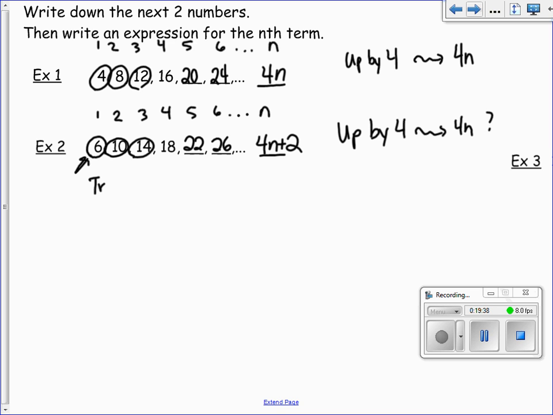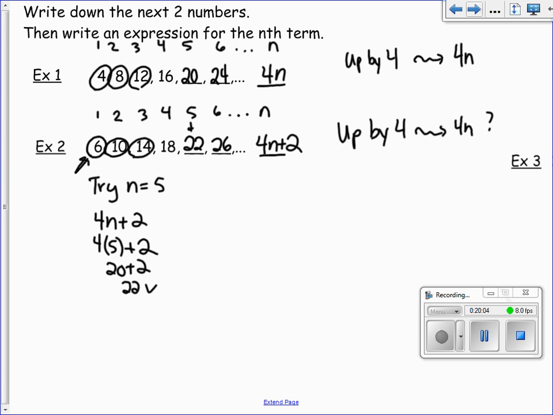So just try n equals 5. We want to see when we put in 5 if we get the fifth term out. So if Liam's right, 4n plus 2 is the formula. When we substitute in the fifth number, 4 times 5 plus 2, we should get our answer. And we do, it works.